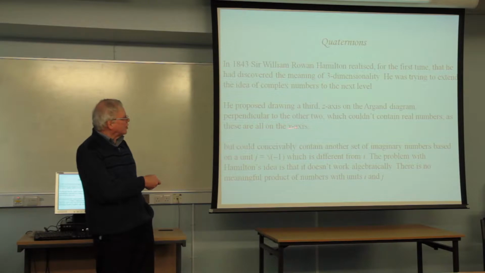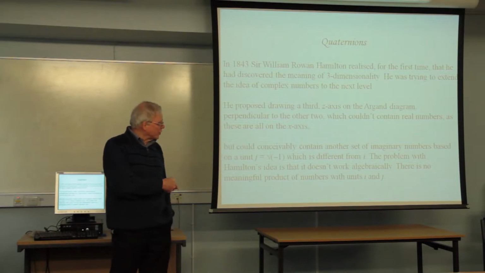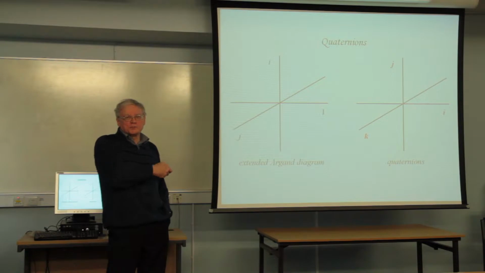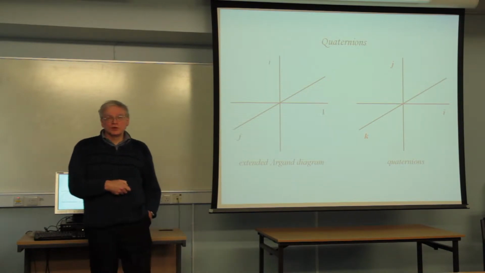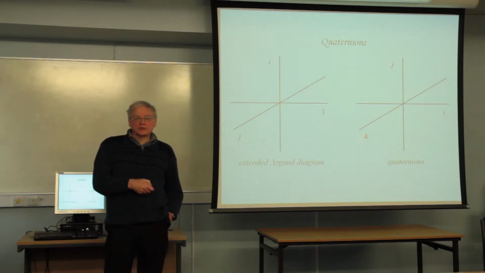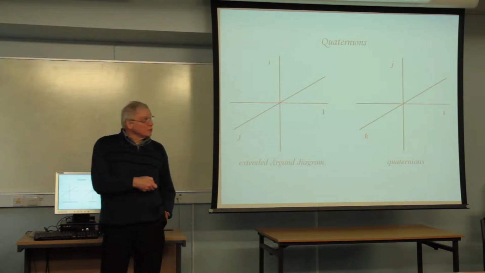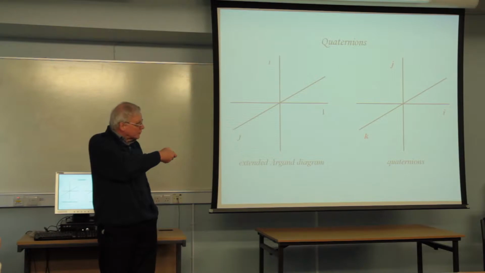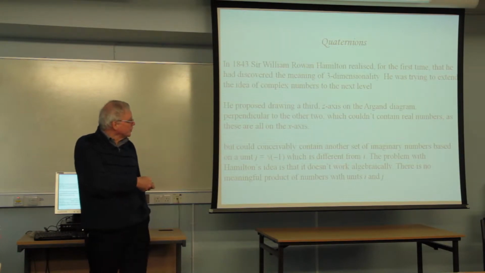The reason why you can't do it is because you can't find a meaning for this J. You can't find a meaning in particular for the product of I and J within the system. It just doesn't exist. We say that the system has no closure. You can find a meaning for everything except that, and that's what stopped it.